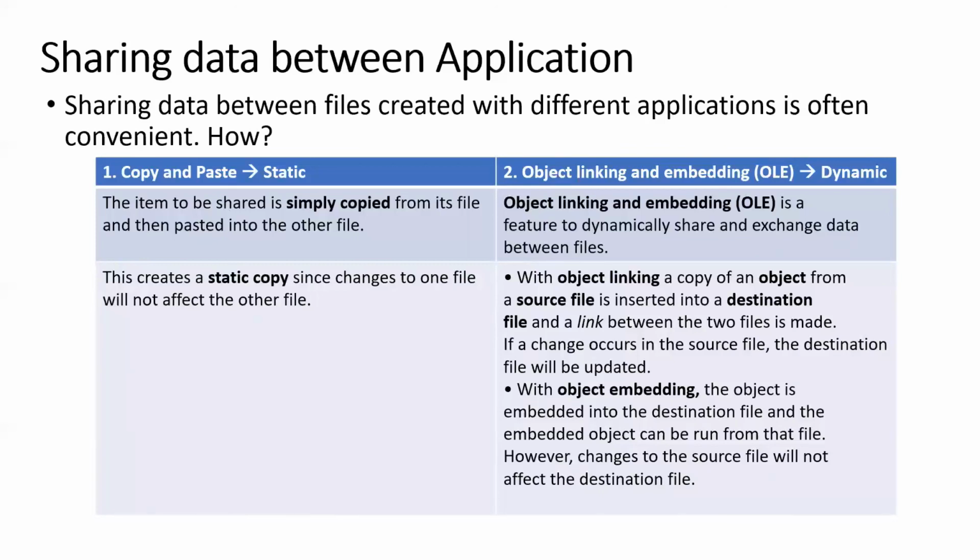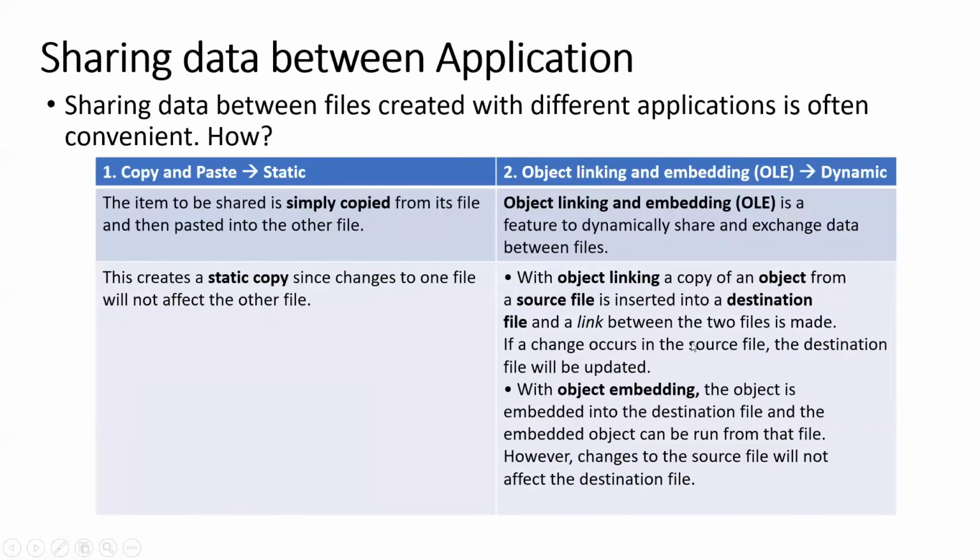However, for object linking and embedding, we call it dynamic. What does it mean? It is a feature to dynamically share and exchange data between files. When we talk about object linking, we often call it a hyperlink. With a hyperlink, when we click the link it goes to another file. With object linking, a copy of an object from a source file is inserted into the destination file.